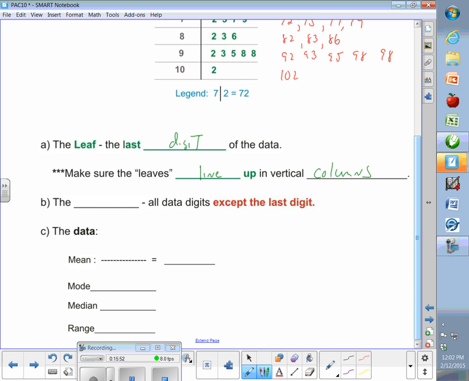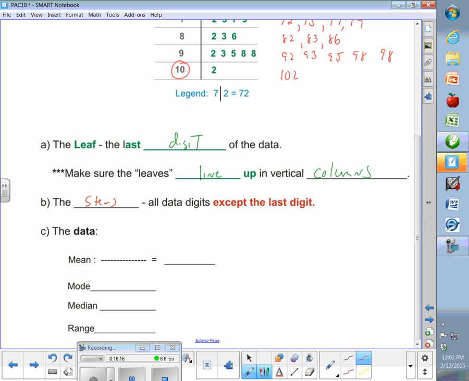All right, so carrying on here. All right, so that's the leaves, right? The leaves are the last digit, and they should line up in nice columns. The stems are all the data digits except the last digit. Notice in our example, the bottom stem is a 10.